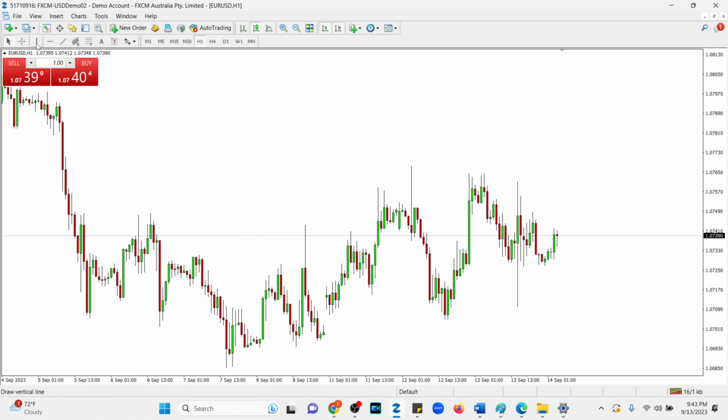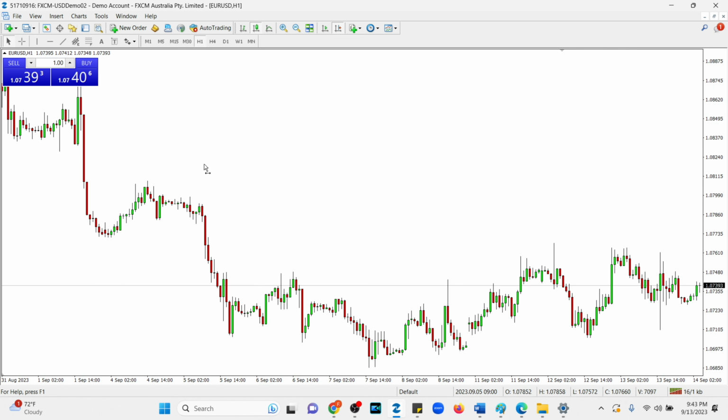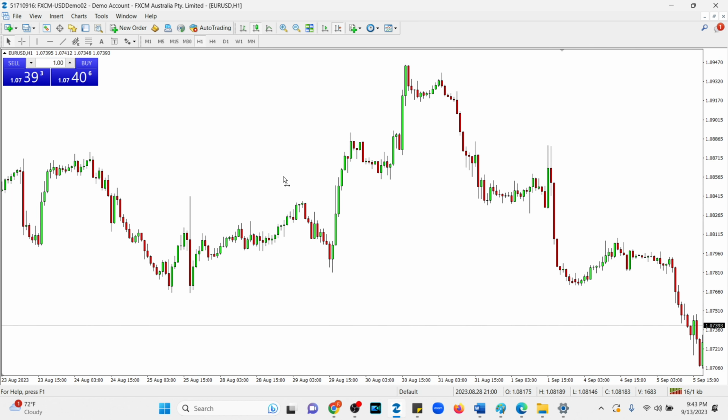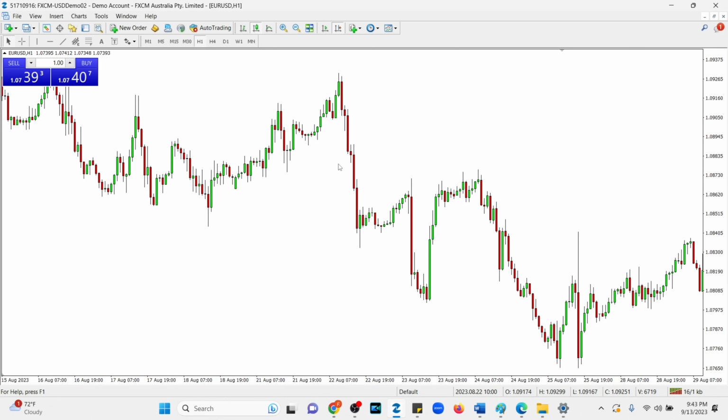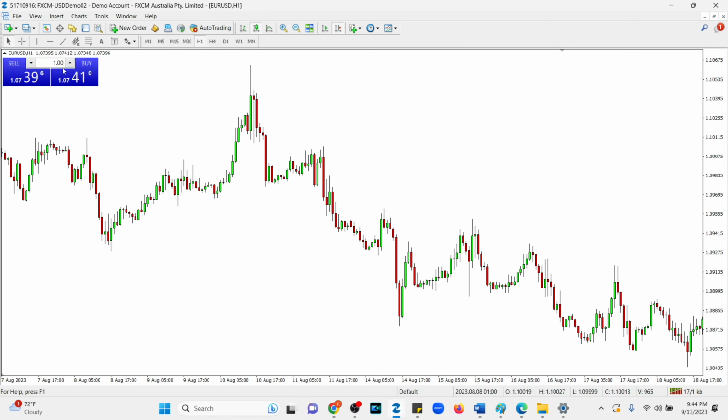Secondly, if you're looking for a trade which is, say, a head and shoulders pattern. So let's look for a head and shoulders pattern. And you see the left shoulder, the head, and then the right shoulder.